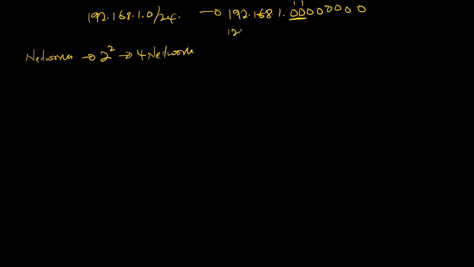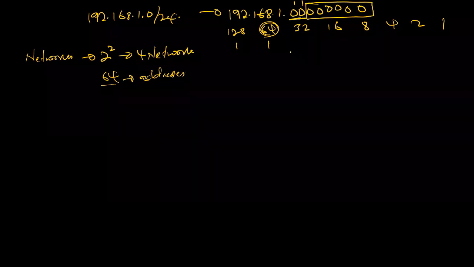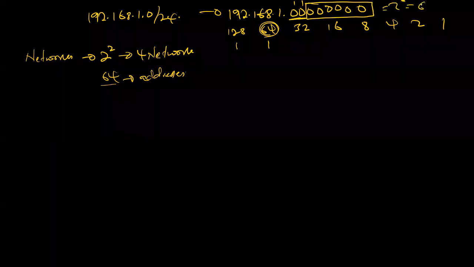And given our 128, 64, 32, 16, 8, 4, 2, 1, we borrowed this and this. So each of these networks is going to have 64 addresses. You can get this from here, or you can just do 2 to the power this. 2 to the power that will still be 64.